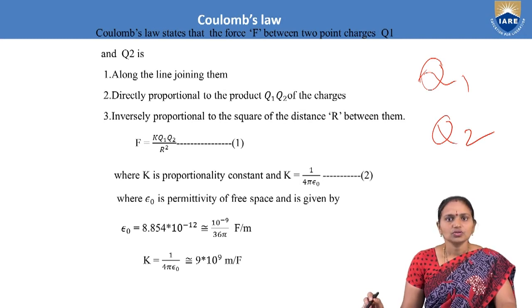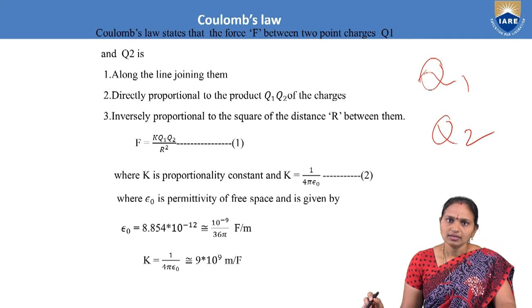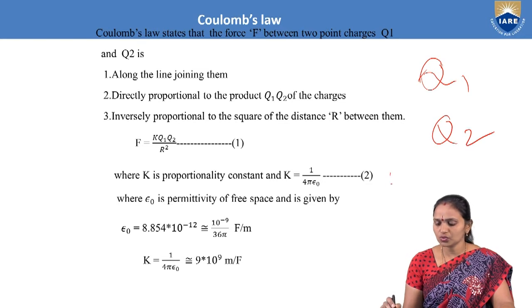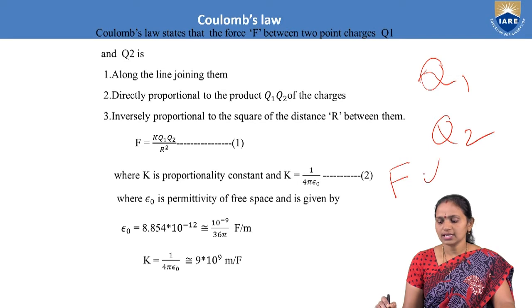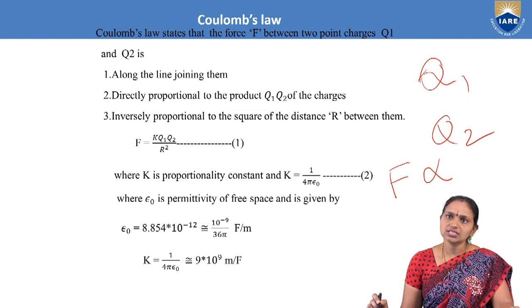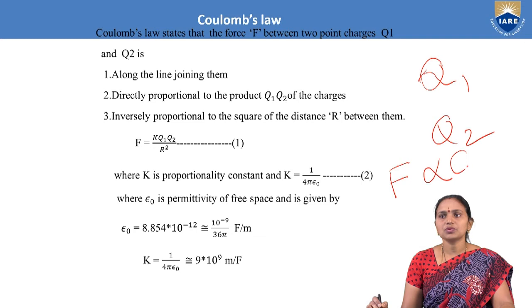Now, in the statement of Coulomb's law, in case of two point charges, the force of attraction between the two point charges Q1 and Q2, represented with the letter F, is generally along the line joining them, and that is directly proportional to the product of both the charges.